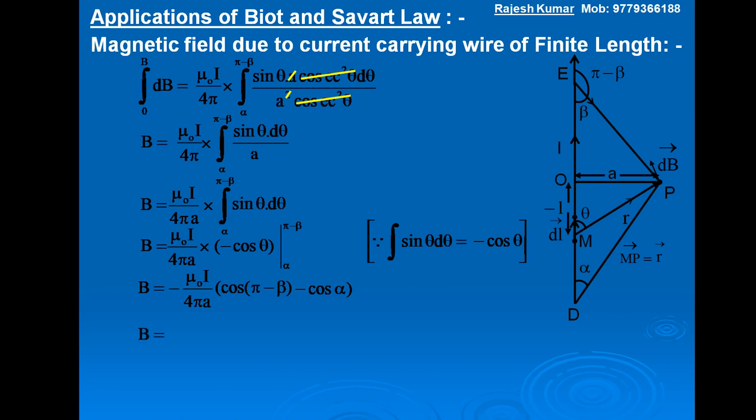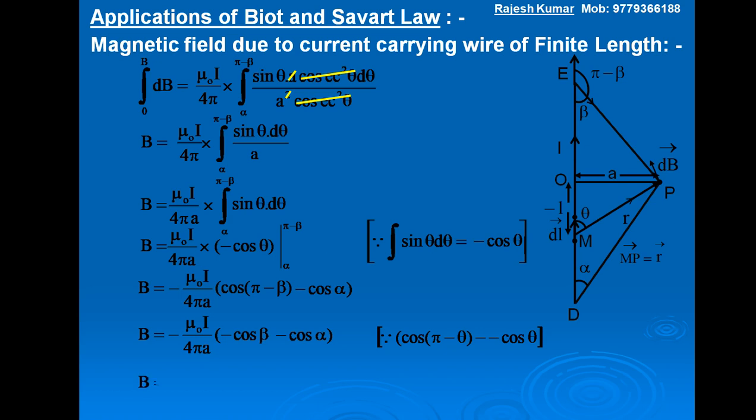Or B is equal to minus mu naught I upon 4 pi a into minus cos beta minus cos alpha, because cos of pi minus theta is equal to minus cos theta.